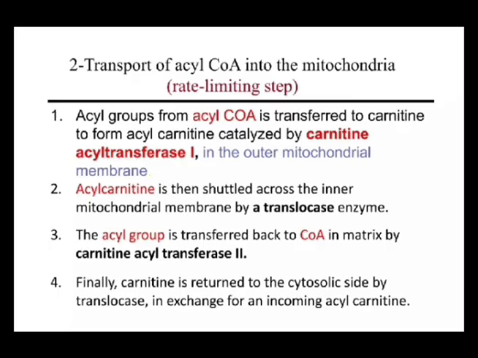Acyl-carnitine is then shuttled across the inner mitochondrial membrane by a translocase enzyme. The acyl group is transferred back to CoA in the matrix by carnitine acyltransferase II. Finally, carnitine is returned to the cytosolic side by translocase in exchange for an incoming acyl-carnitine.